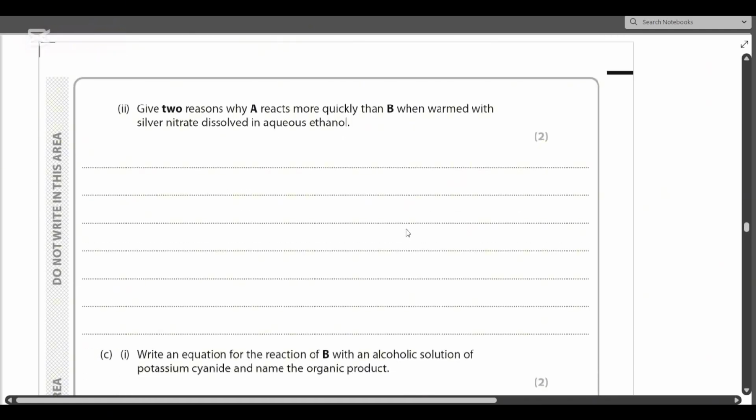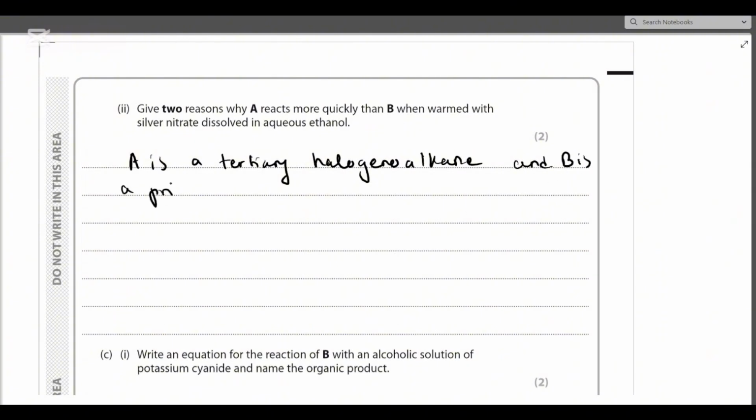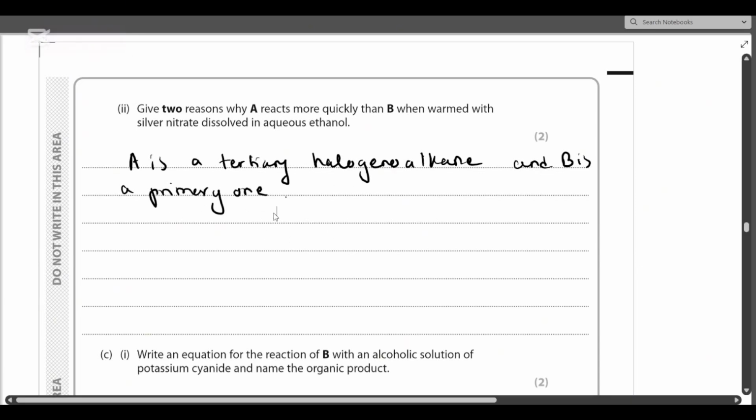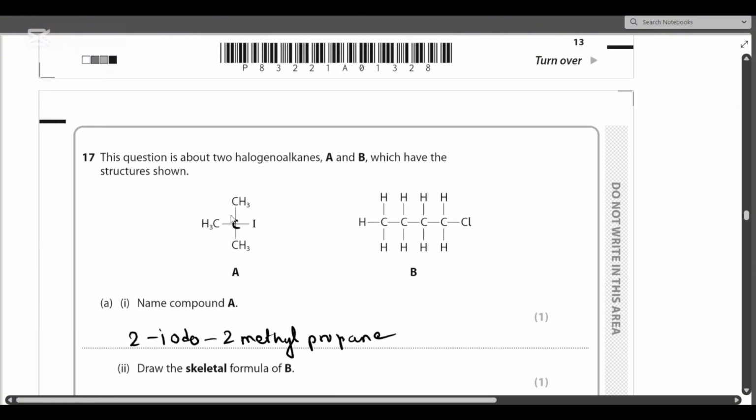So we can say first we need to state that A is a tertiary halogenoalkane and B is a primary one. On the other hand, this clearly makes the C-I bond weaker than the C-Cl bond.